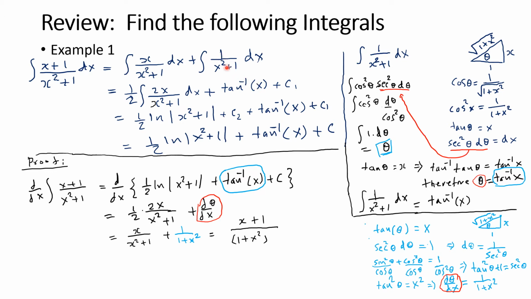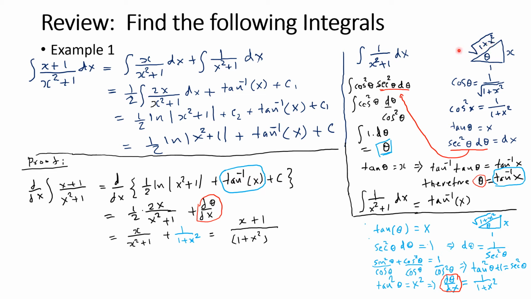Since we have x squared plus 1, that will bring our attention to the triangle. If we have a triangle with angle theta and a right angle over here, then the opposite side to theta is x and the adjacent is 1. So the hypotenuse will be the square root of 1 plus x squared.